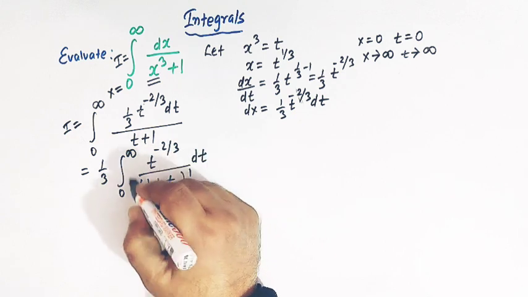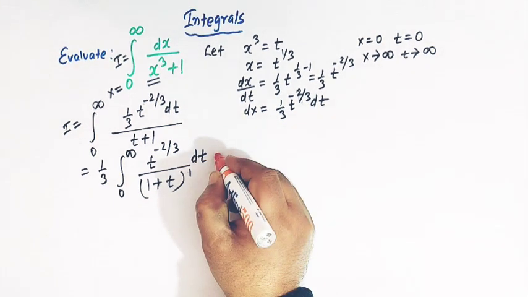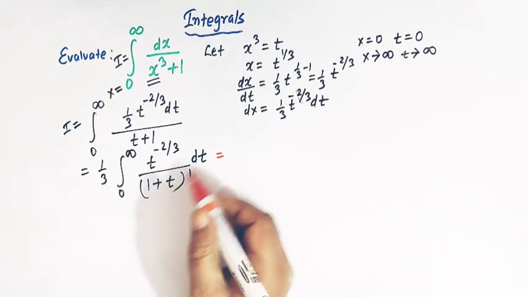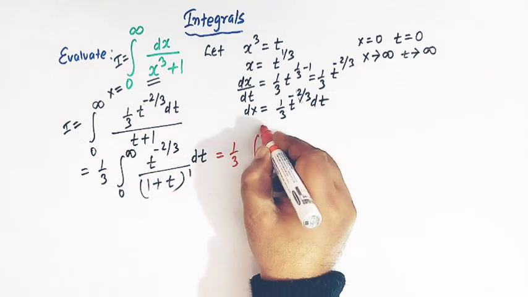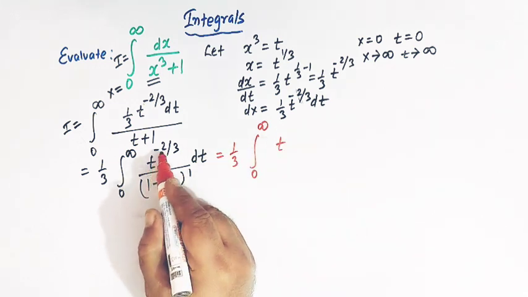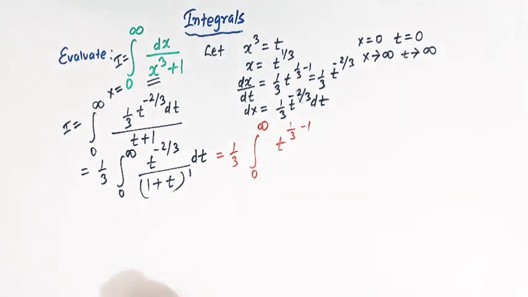So now we'll convert this integral into the beta function. So now see, we can rewrite this integral as 1 over 3, 0 to infinity. Now t raised to minus 2 by 3 can be written as 1 over 3 minus 1, right?